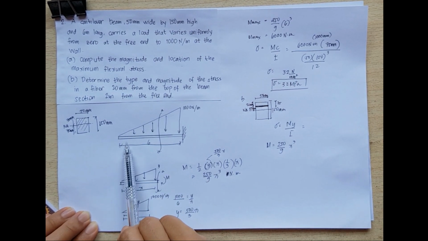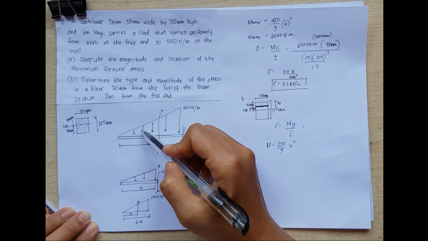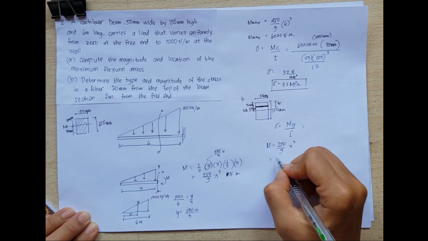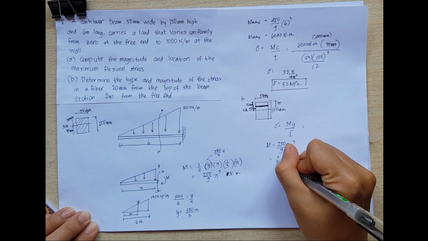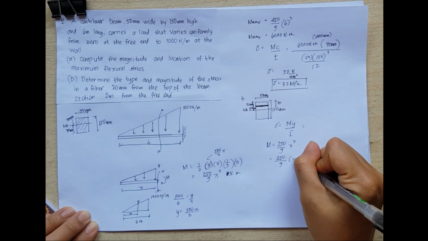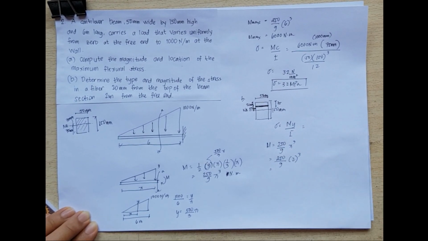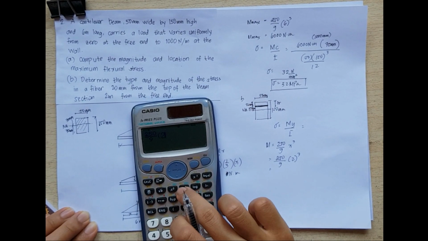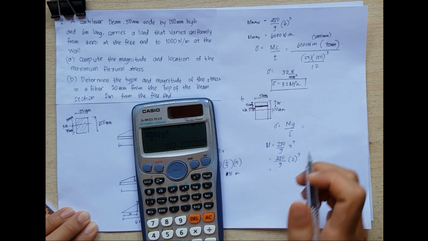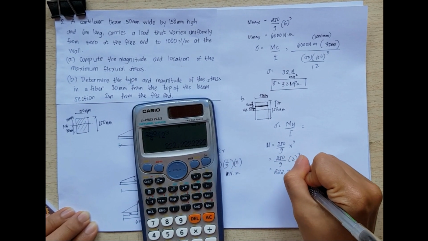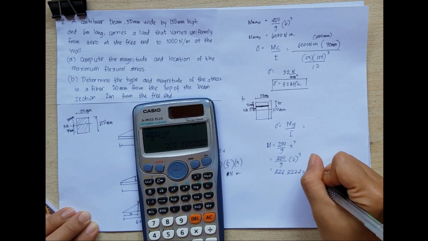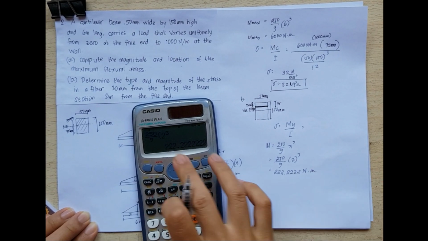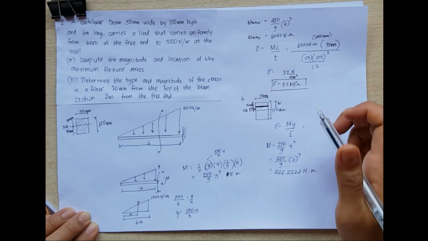So we substitute x with 2 meters. So, 250 over 9 multiplied by 2 raised to 3. So we have 222.222 Newton meter. That is the moment 2 meters from the free end.